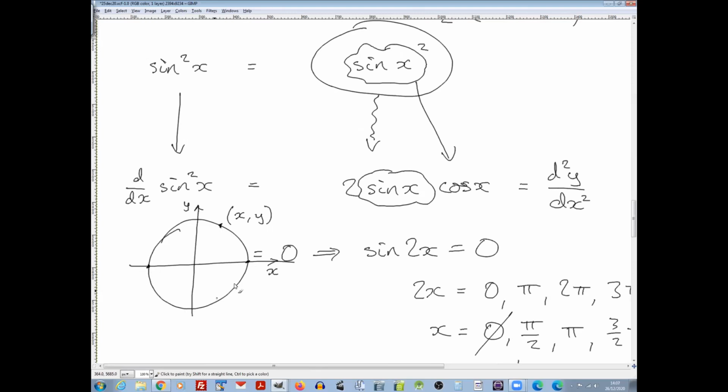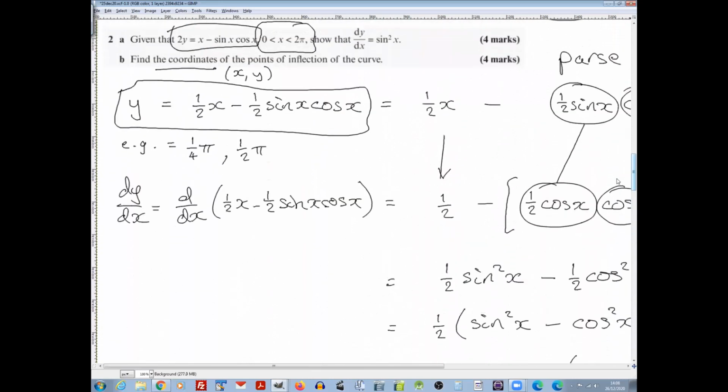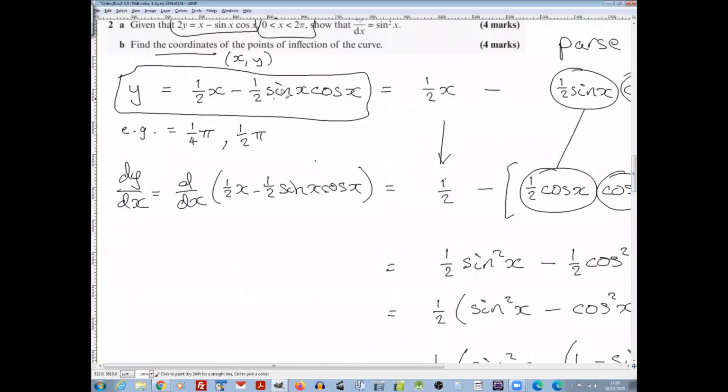Remember, this is a circle with x and y coordinates. Here's an x coordinate of 1. Here's an x coordinate of -1. That's how you work out that cos of pi is -1, because on the unit circle, the x coordinates are cos coordinates. But because sine is 0 at pi, that drops out again. So the next y value is half pi.